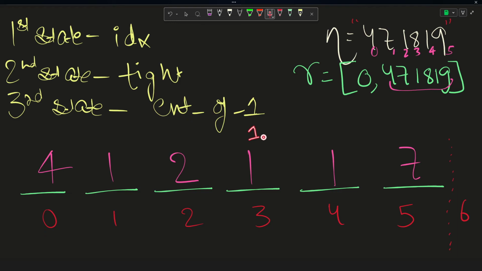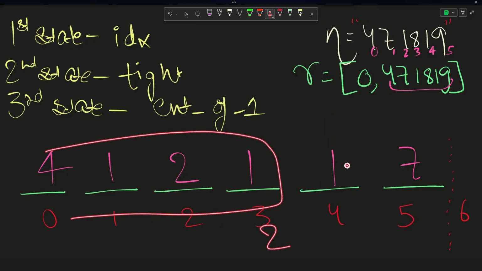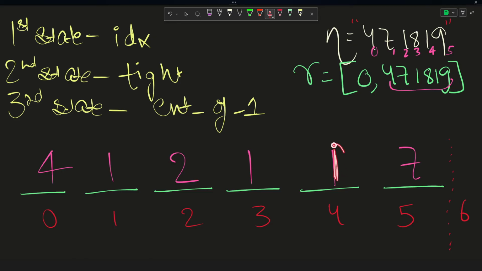It already had 1, which came from this, and again we are choosing 1 in this block, so it will pass 2 here. The same thing will continue for this block also. It will see that the value of count for this part is 2, and the digit selected here is also 1, so 2 plus 1 is 3, so it will pass 3.